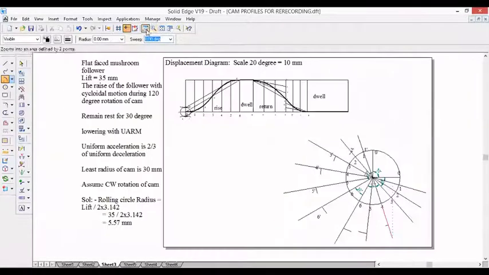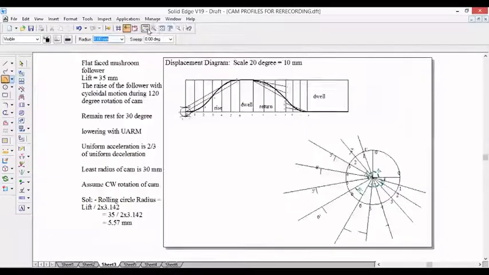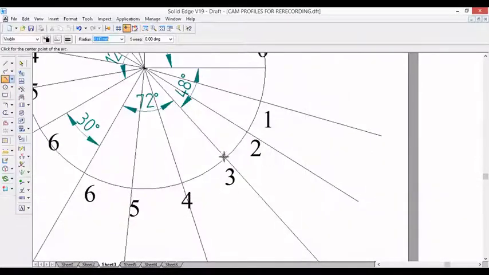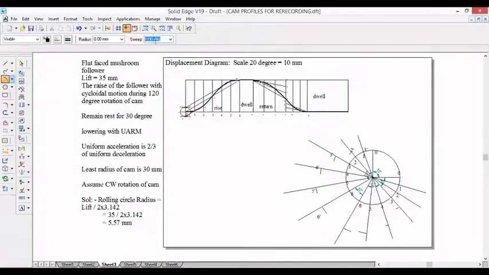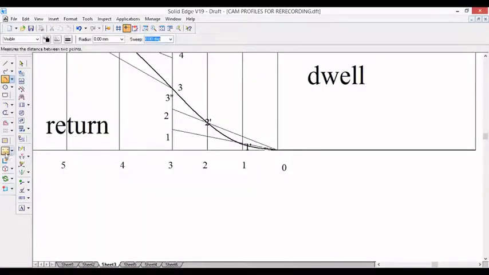Measure 3 to 3 dash, 14 mm. Then 2 to 2 dash, 6.22.